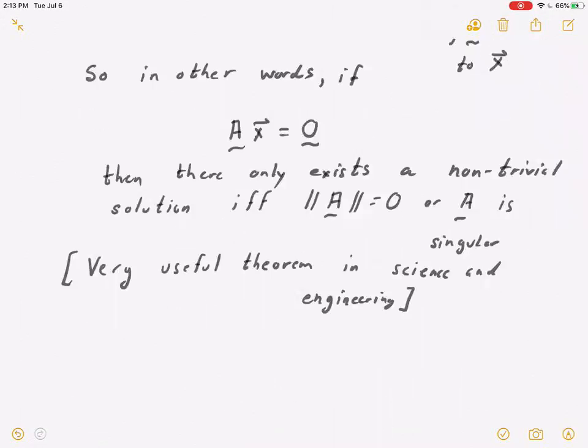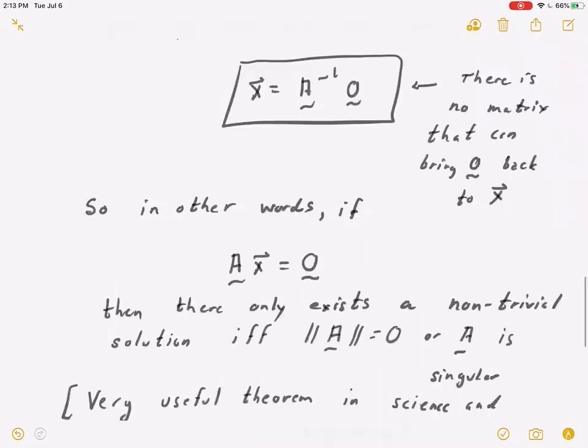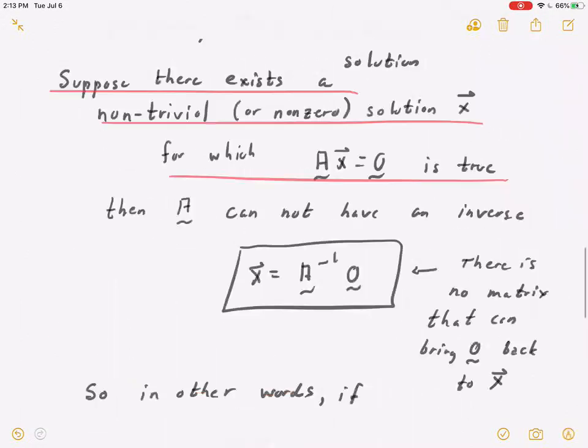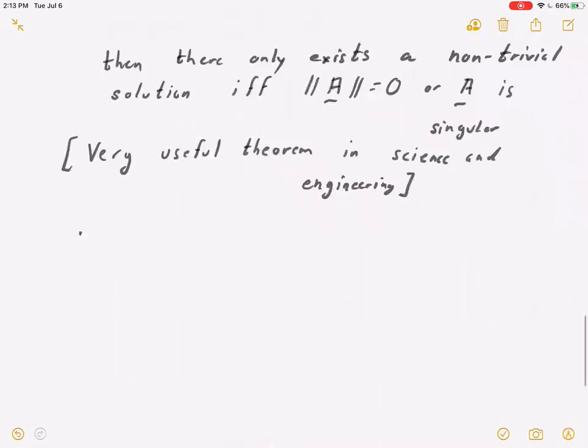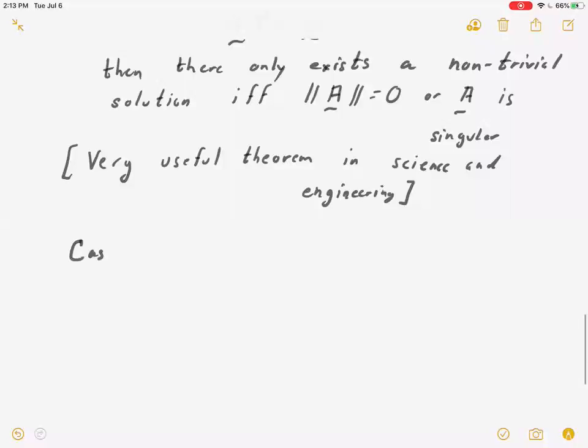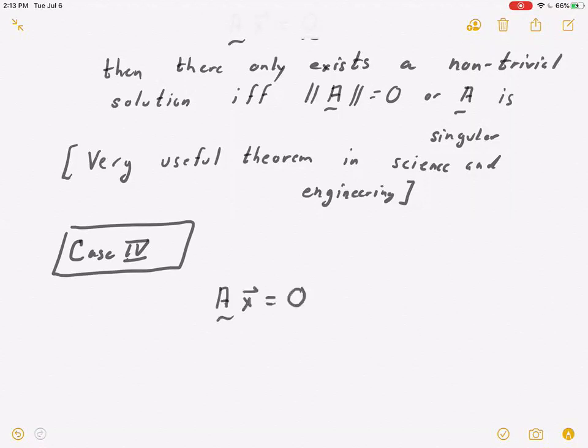Okay, so we've looked at 3 cases so far. Let's look at case 4. So here's a case where you have a matrix equation, but now I'm going to let A be a rectangular matrix. She's either wide or tall.